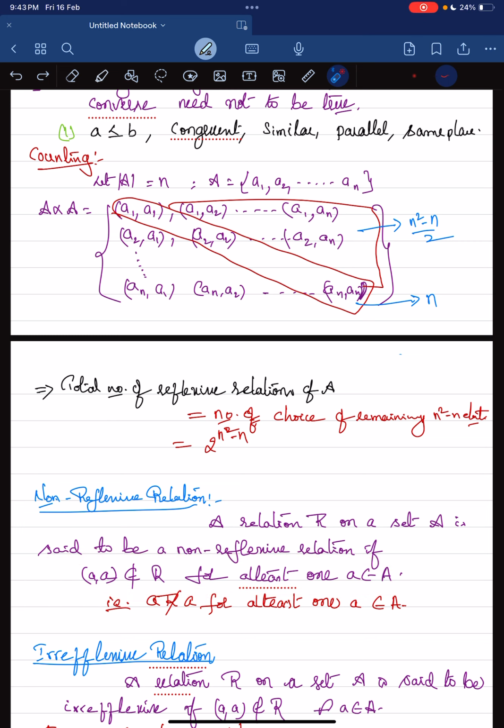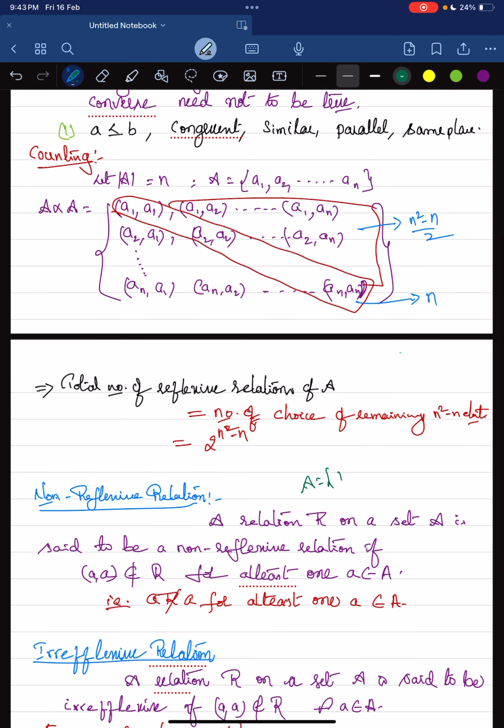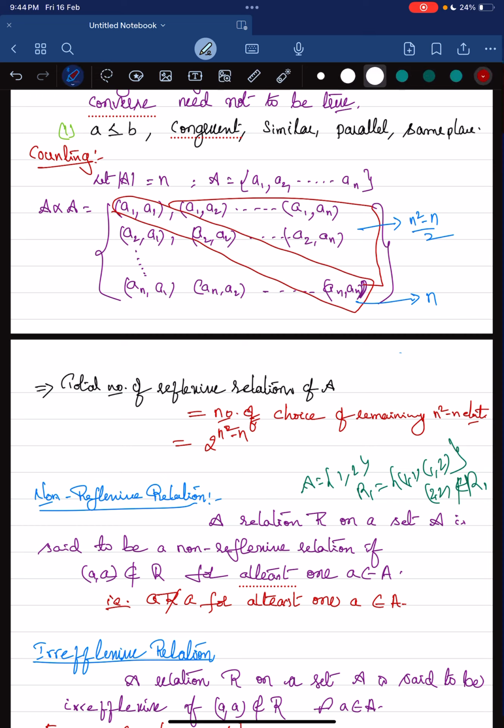For example, if you take A equals {1, 2}, then we can write R1 as {(1,1), (1,2)}. This is a non-reflexive relation. Here (2,2) does not belong to R1. So that is why you can say this is a non-reflexive relation.